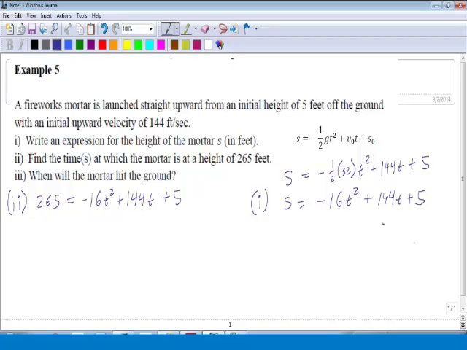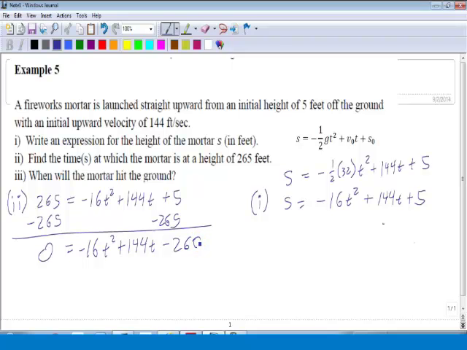So instead of doing that, I think what I'll do is just subtract the 265 from both sides. I think that's minus 260 there. That'll give us 0 on one side, and we'll be able to use the quadratic formula.